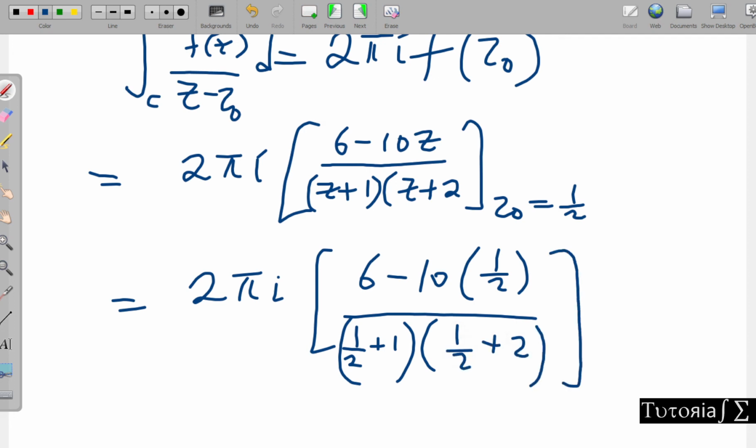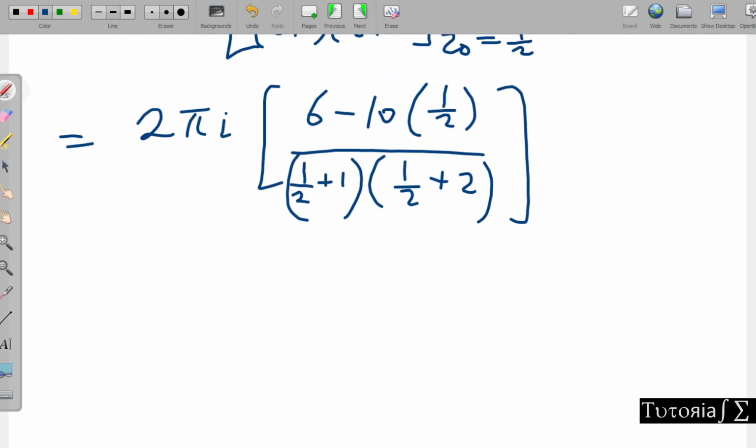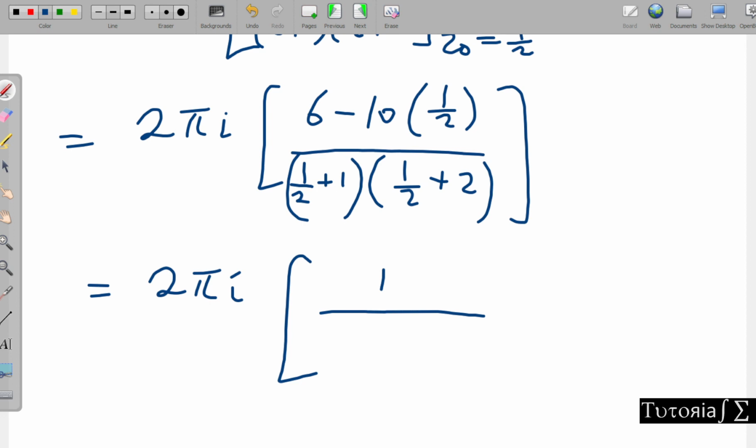When we simplify that, on top we have 1, and at the bottom, for the first part, 1 over 2 plus 1, you have 3 over 2, times 5 over 2.